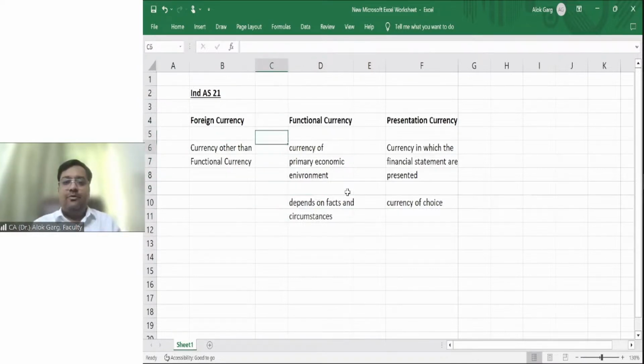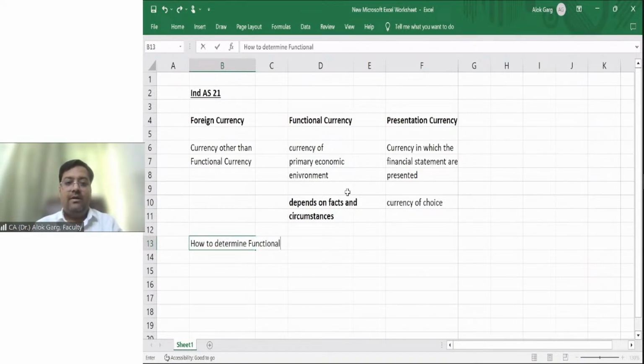Now, coming to how to determine the functional currency. The functional currency has to be determined by 2 indicators, right?